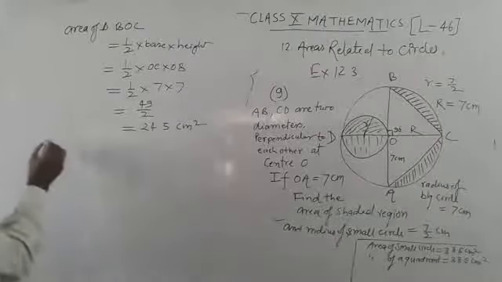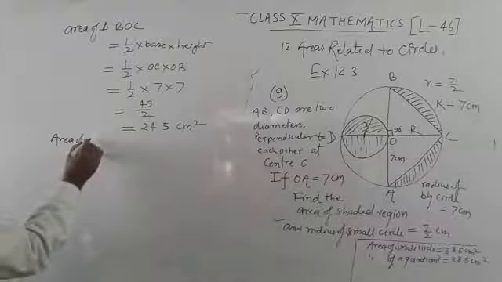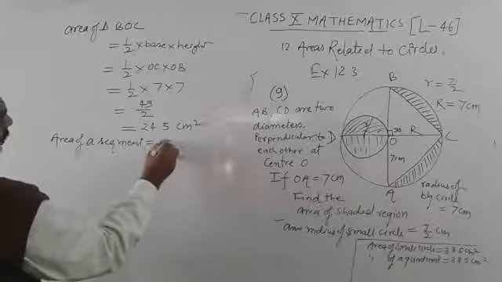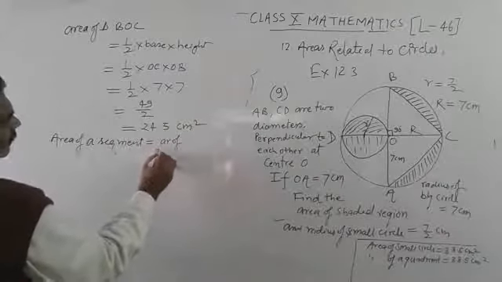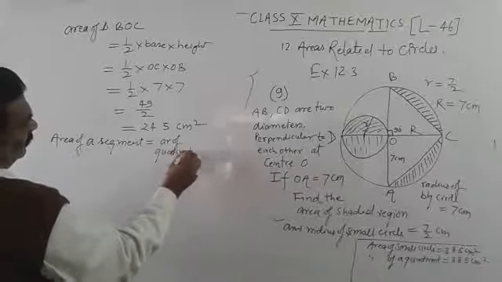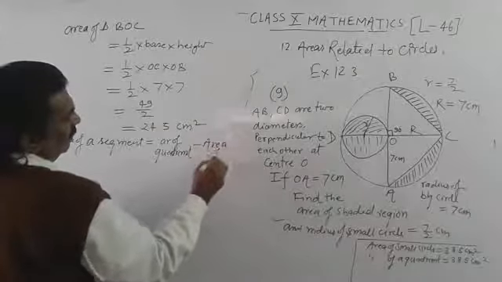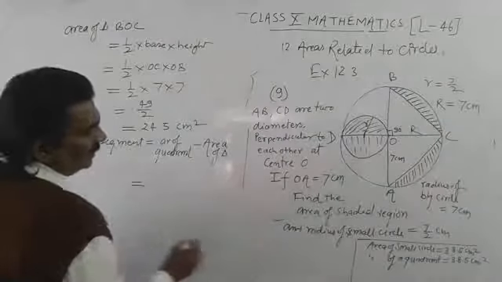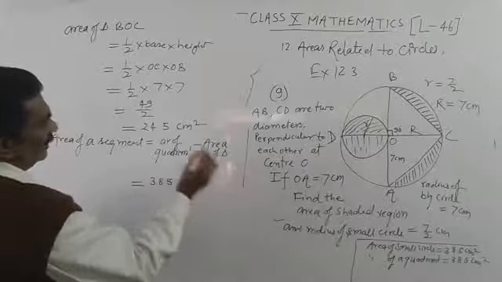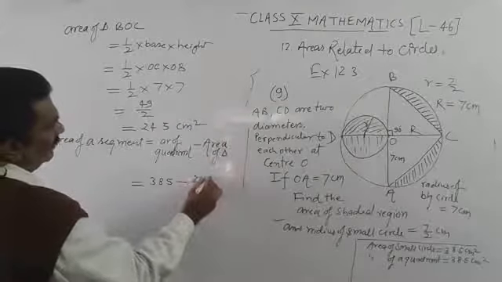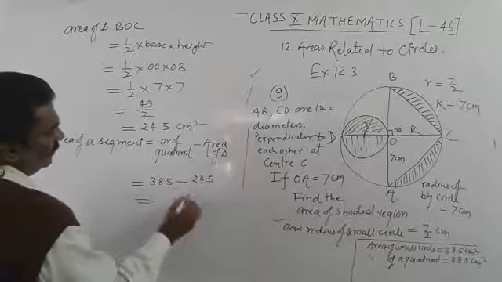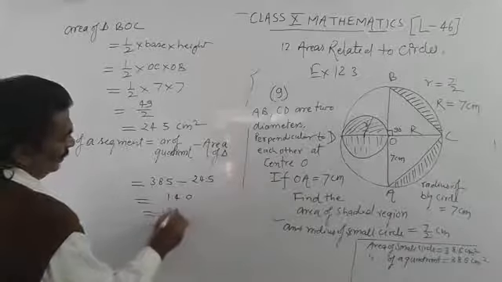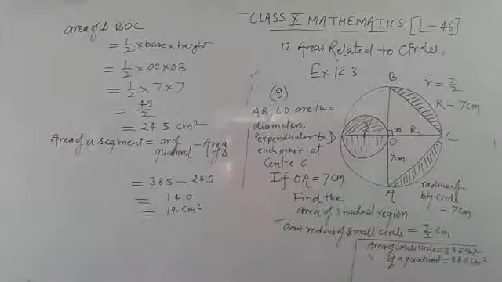Okay students, now the area of a segment is equal to the area of the quadrant minus the area of the triangle. The area of the quadrant is 38.5 centimeter square, minus the area of this triangle, 24.5 centimeter square, and subtracting it gives 14 centimeter square, the area of one segment.